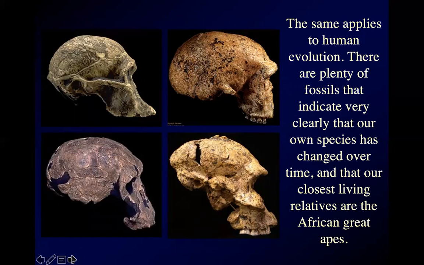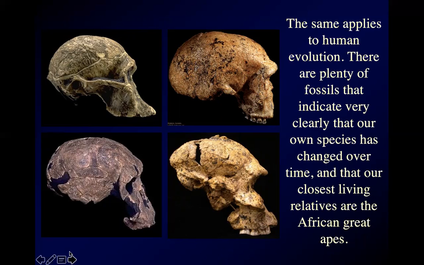We're not exempt as a species. We are the product of natural selection like everything else that's alive is. And there are lots of fossils that we know about now that indicate very clearly that our own species has changed over time. We have not always looked the way that we do. These are 4 different skulls seen in side view.